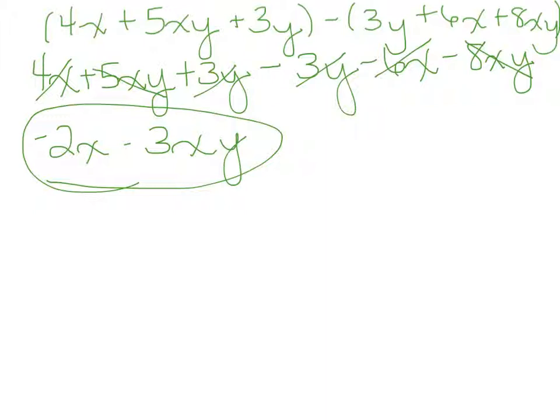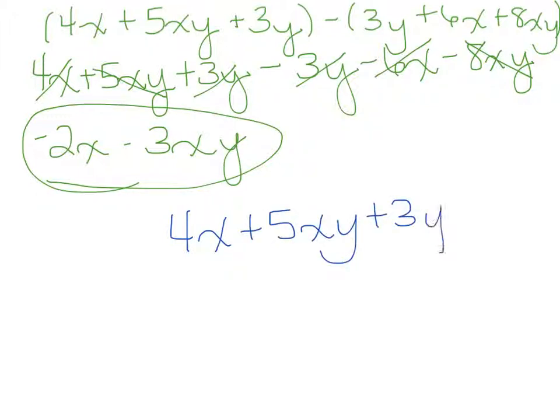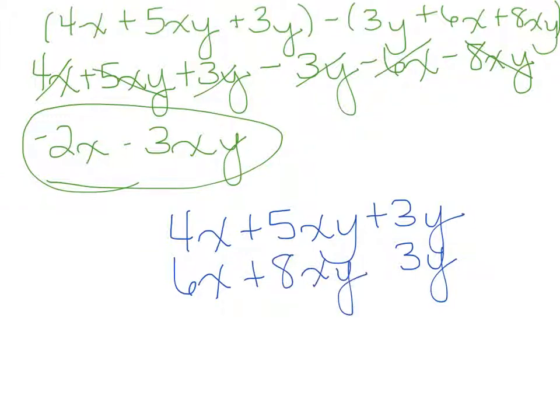Now we'll try the vertical method. So if we set it up as 4x plus 5xy plus 3y, and line up our like terms. So the first term in our second polynomial is 3y, so we put that down here. And then comes 6x, so put that down here. Then comes positive 8xy. And this one was positive.